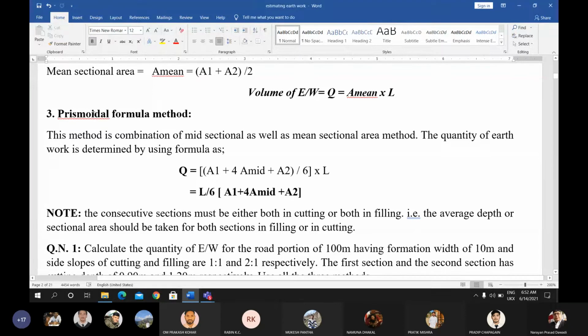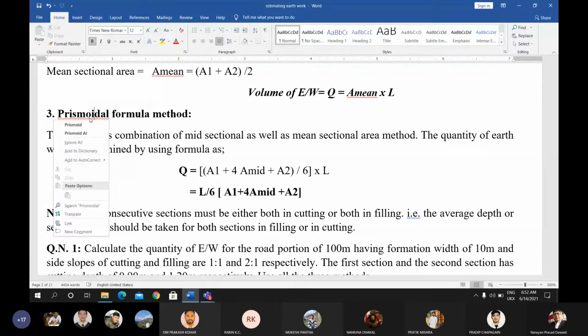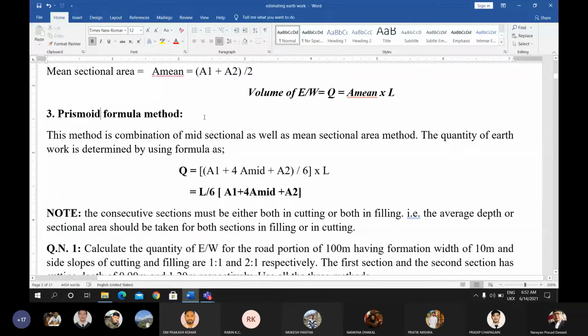This Prismoidal formula is used for calculating the quantity of earthwork.